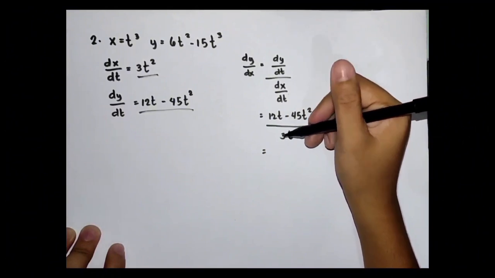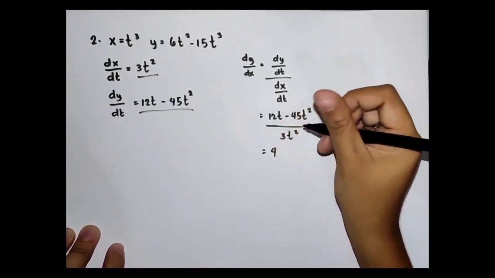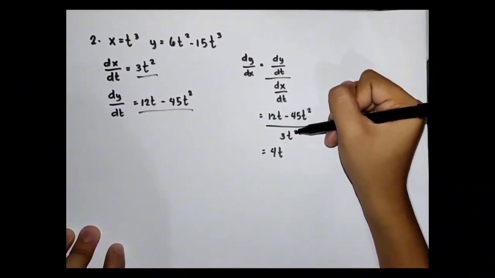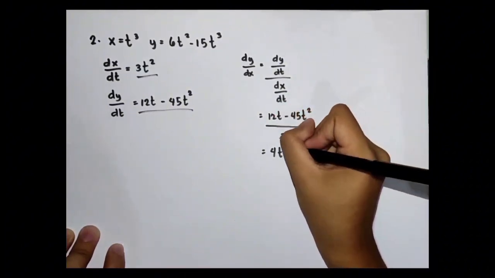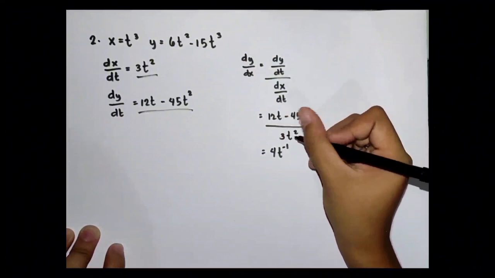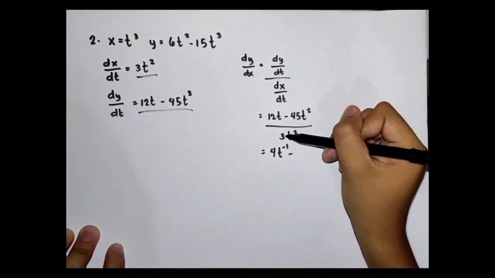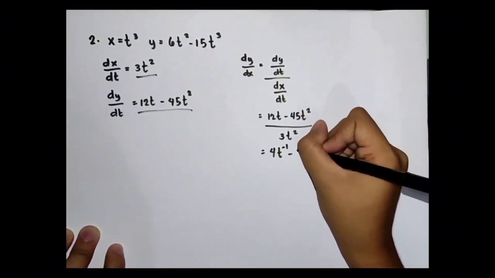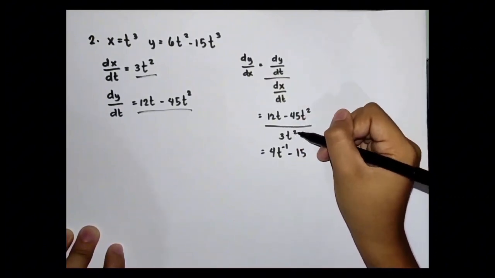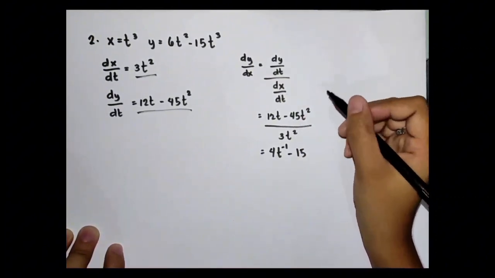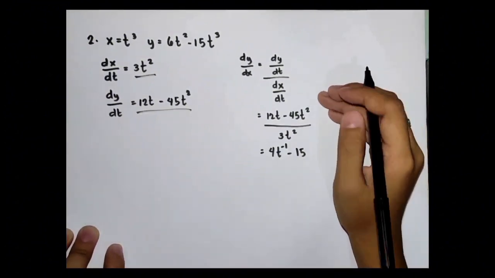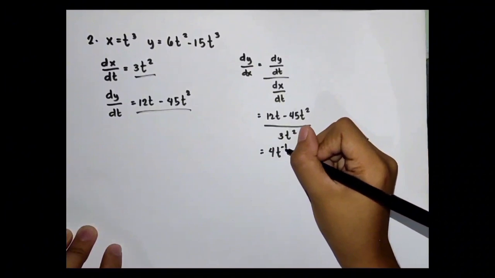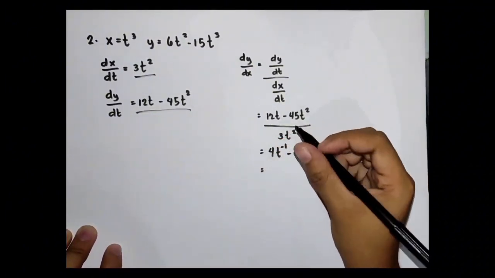12t divided by 3t squared is equal to 4t raised to the power of negative 1, because exponent 1 minus 2 is equal to negative 1, minus 45t squared divided by 3t squared is equal to 15, since exponent 2 minus 2 is equal to 0. Let's simplify this.